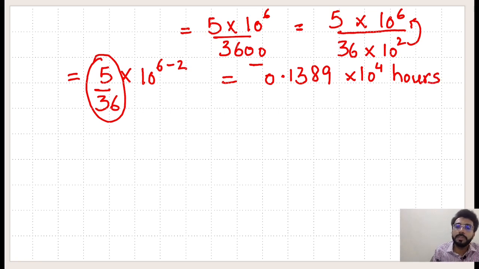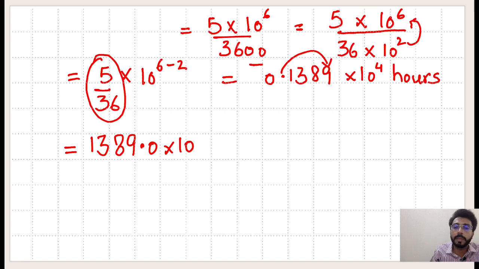Now we move this decimal point 4 digits toward here. It will become 1389.0 into 10 raised to power negative 4, because we move the decimal point from left to right, into 10 raised to power positive 4.